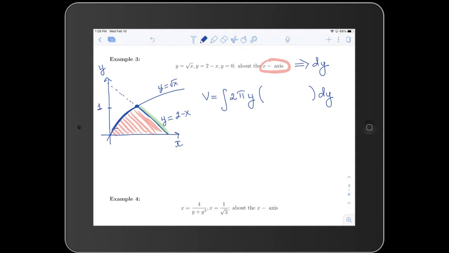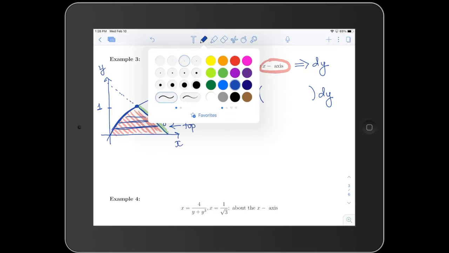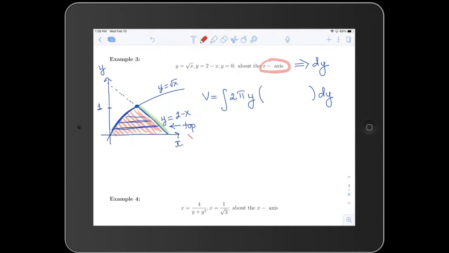Your heights are now computed this way. These are your heights. So this is my top function. In terms of y, what is that? Let me write this over here. This would be x is equal to 2 minus y, and that's what's going to go in here as my top function.